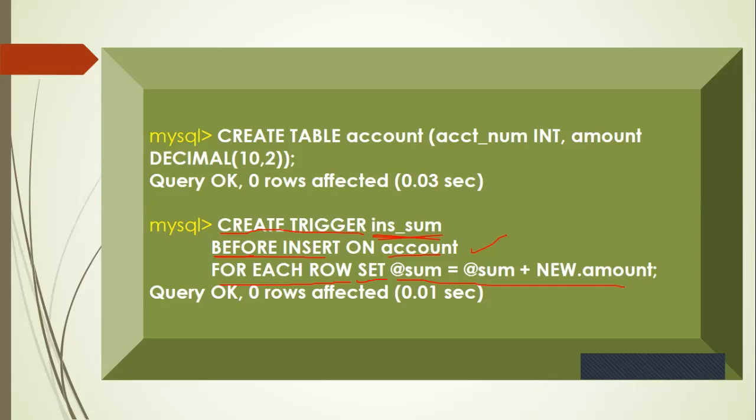We'll see that we have to initialize the value of sum before using it. Then sum plus new amount, whatever amount you are inserting, is added to sum. So how is it done, we'll see it.